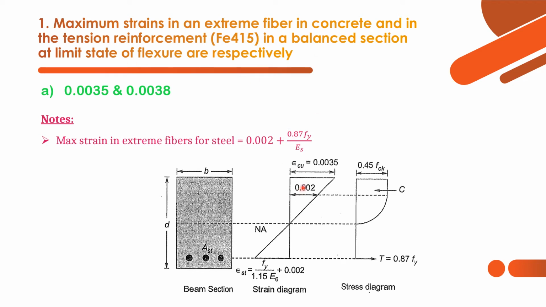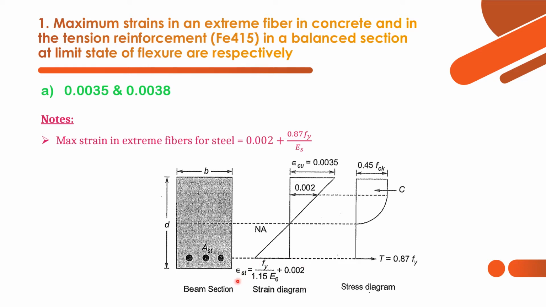We know that the maximum strain in concrete shall be 0.0035 as per IS 456, and in case of reinforcement it will be based on the grade of the reinforcement material. Here they have mentioned Fe415, so just substitute Fe415 in this formula.